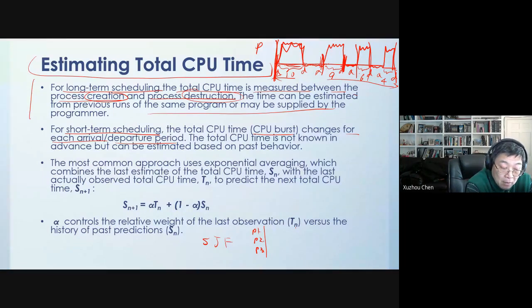But how should I know which one has the shortest CPU burst? Then I look at the past.